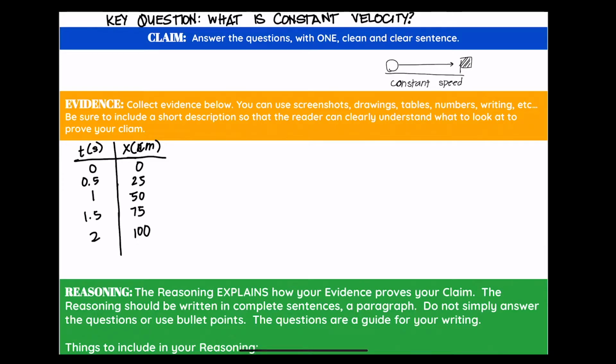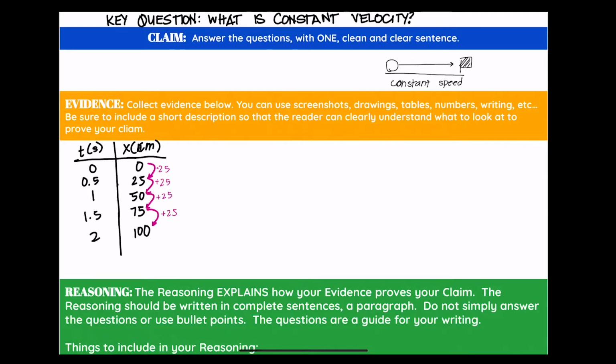I noticed that from 0 to 25, from 25 to 50, 50 to 75, and 75 to 100, it's all going up by 25.